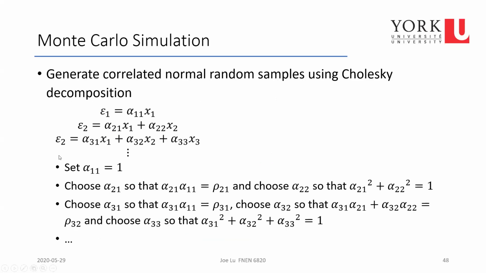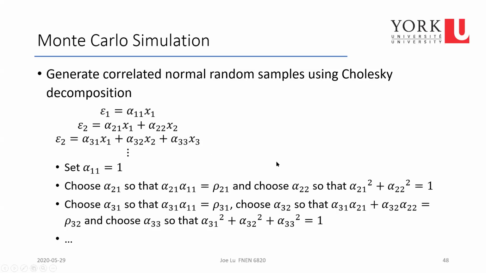So this basically shows how we can generate correlated random shocks starting from the uncorrelated random draws that we had. You have two random shocks, X1 and X2. They are uncorrelated, but you get this alpha 2-1 and alpha 2-2. Alpha 2-1 is calculated based on the correlation between factor 2 and factor 1.